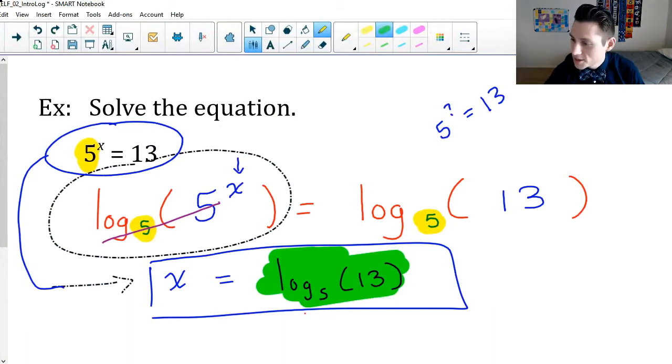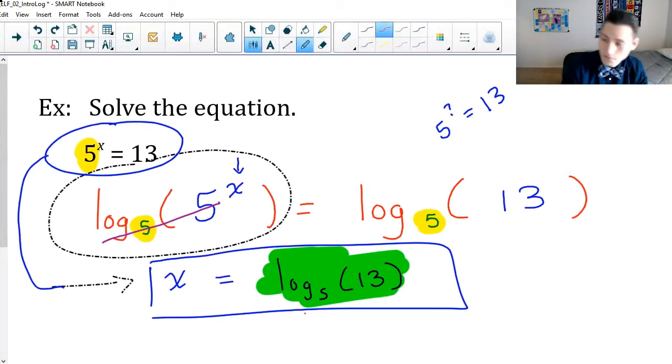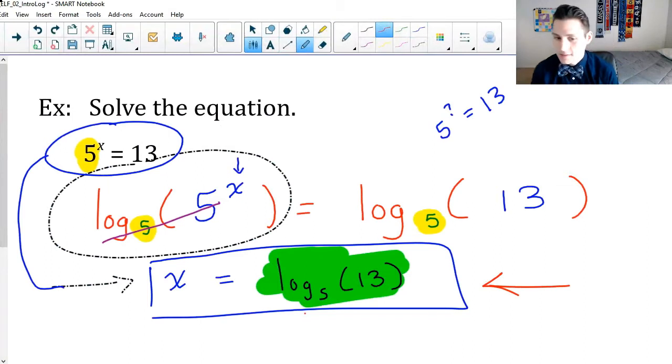Are you asking me about a decimal? You know how I feel about decimals. So I mean, you could get a decimal, but I want this answer.